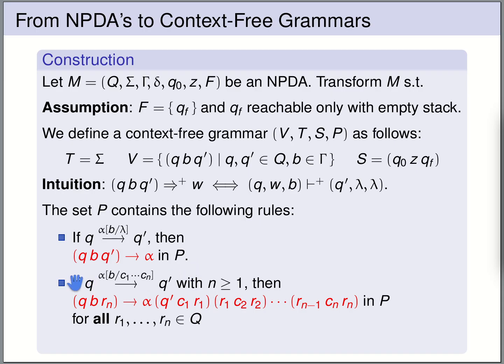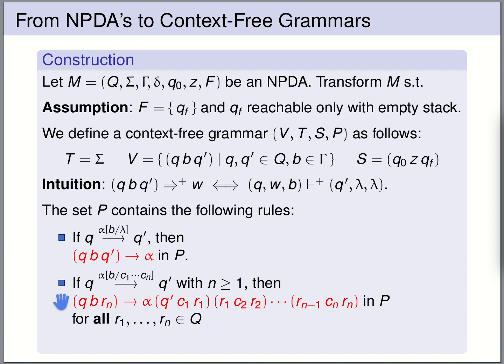Now, if we have in the automaton a transition of this form, so a transition from a state q to q' with input alpha, and the stack symbol b is replaced by c1 up to cn, where n is at least 1. So now the b is not removed, but replaced by c1 up to cn. Then we add these rules to our grammar for every r1 up to rn states of our automaton.